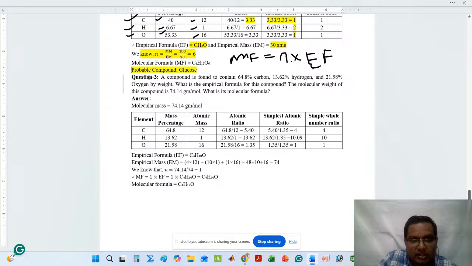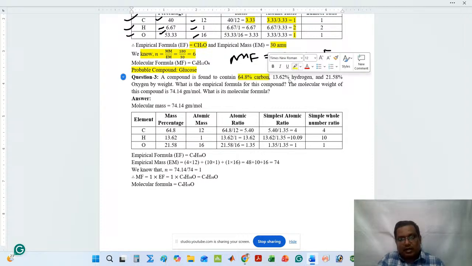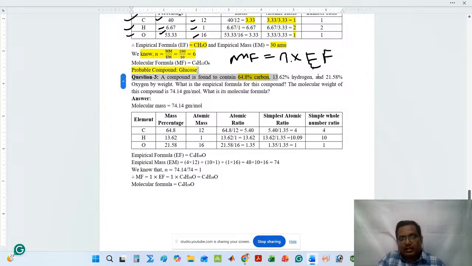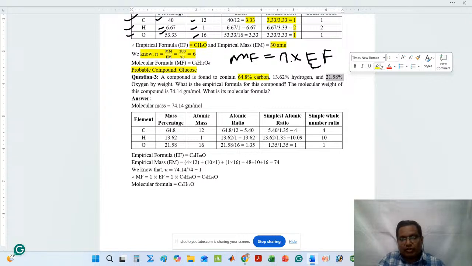Next, question number 3. A compound is found to contain 64.8 percent of carbon, 13.62 percent of hydrogen, and 21.58 percent of oxygen.